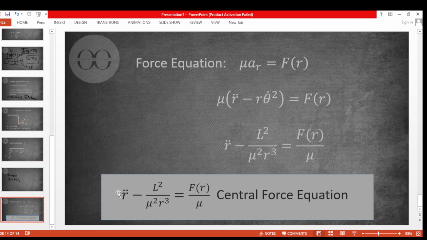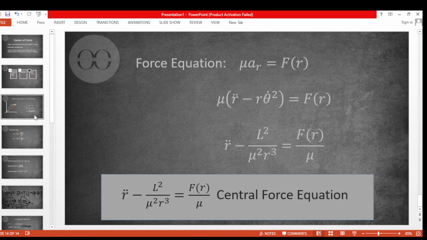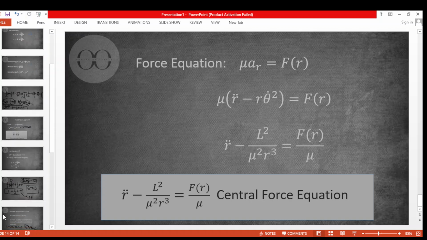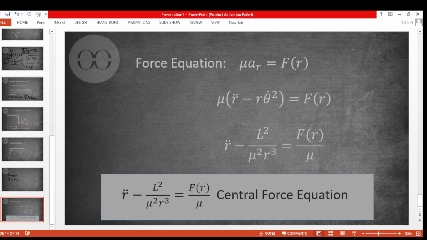We can determine the orbit and the path of motion by solving this equation, which we will be doing in our second lecture, in our second chapter. So here our last topic of today ends.